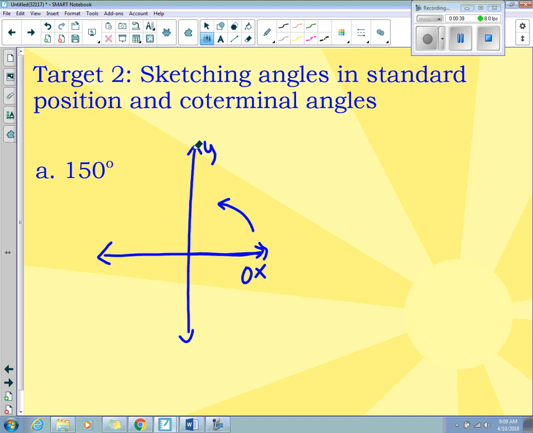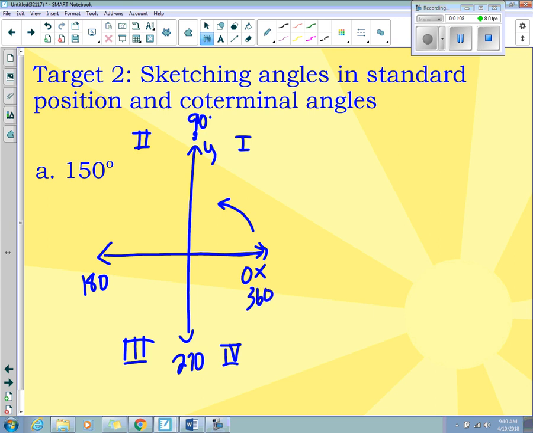It's helpful to break up our degrees, so we know that from 0 to right here, that's 90 degrees. This is our first quadrant. Our second quadrant takes us from 90 degrees to 180. Our third quadrant takes us from 180 to 270. And then our fourth quadrant takes us from 270 back up to 360.